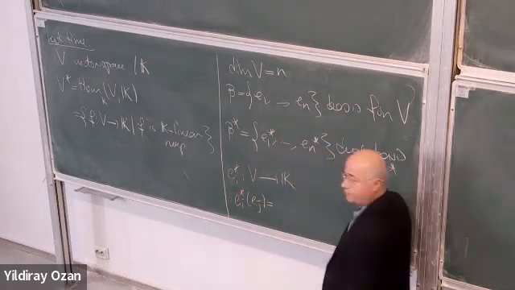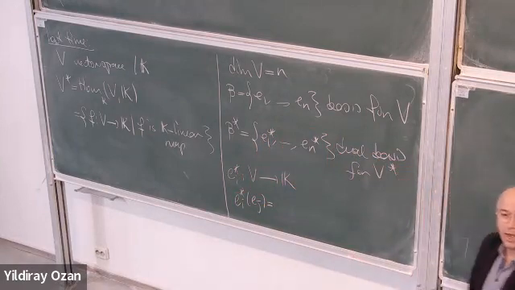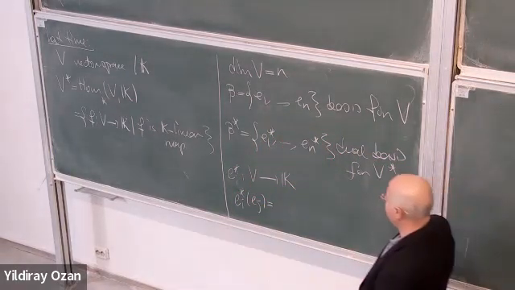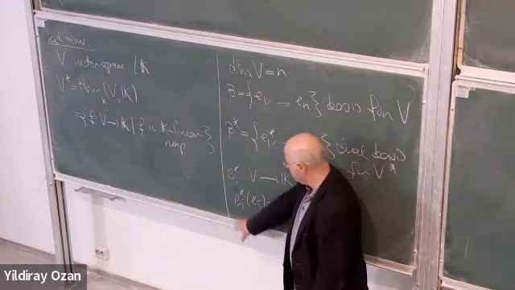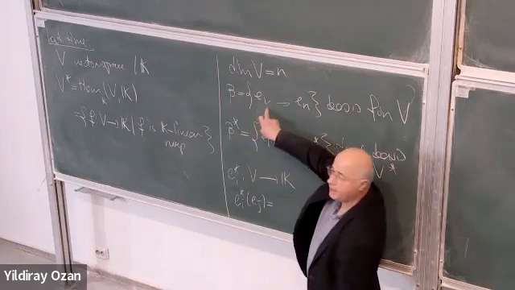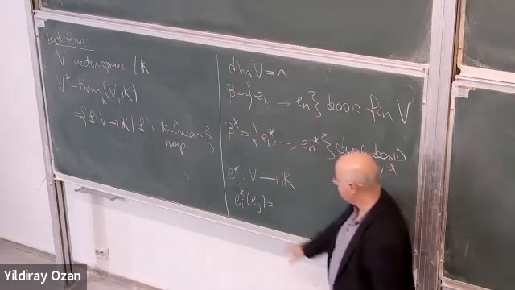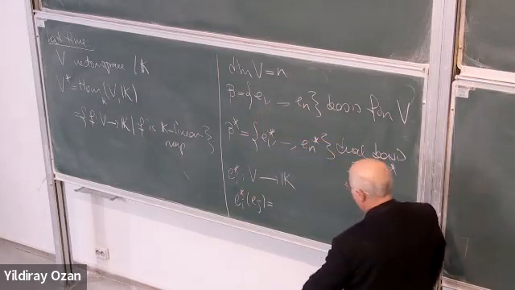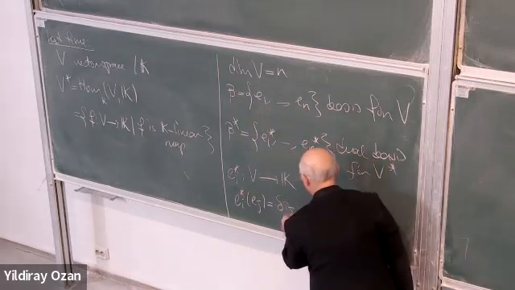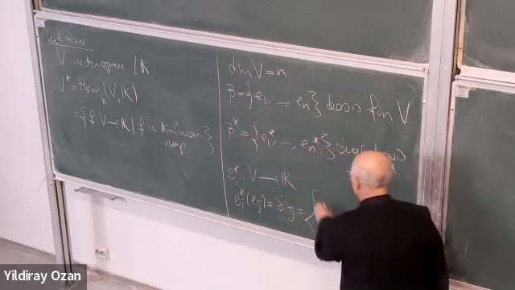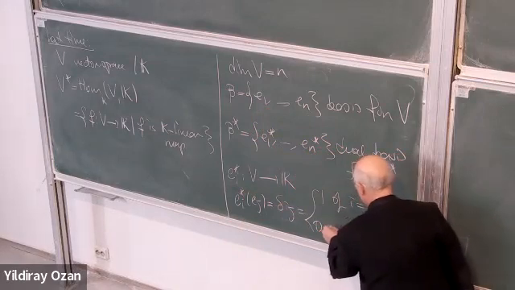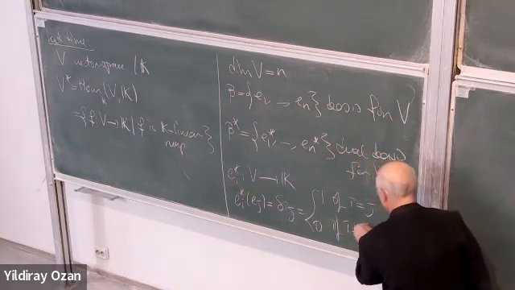It is enough to define a homomorphism on a set of basis elements. So if I just tell you what the values are at any basis element, then this homomorphism is defined. The value is defined to be the Kronecker delta ij, meaning that it is 1 if i is equal to j, 0 otherwise.